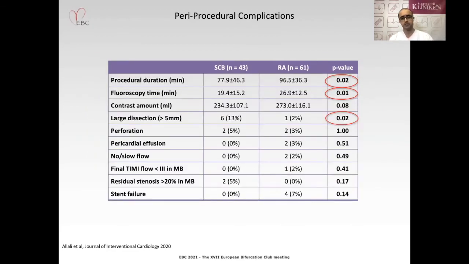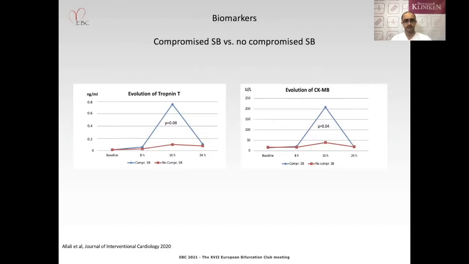In peri-procedural complications, we observed a higher rate of large dissection in the scoring cutting balloon group compared to rotational atherectomy. And when we observe the biomarkers in patients with compromised side branch versus no compromised side branch, we observe a higher peri-procedural elevation of the cardiac biomarkers in patients with a compromised side branch.